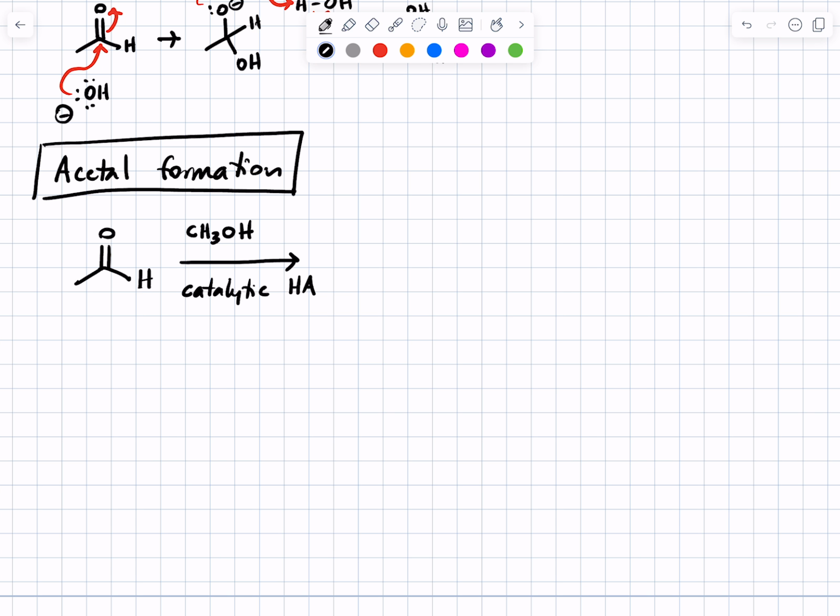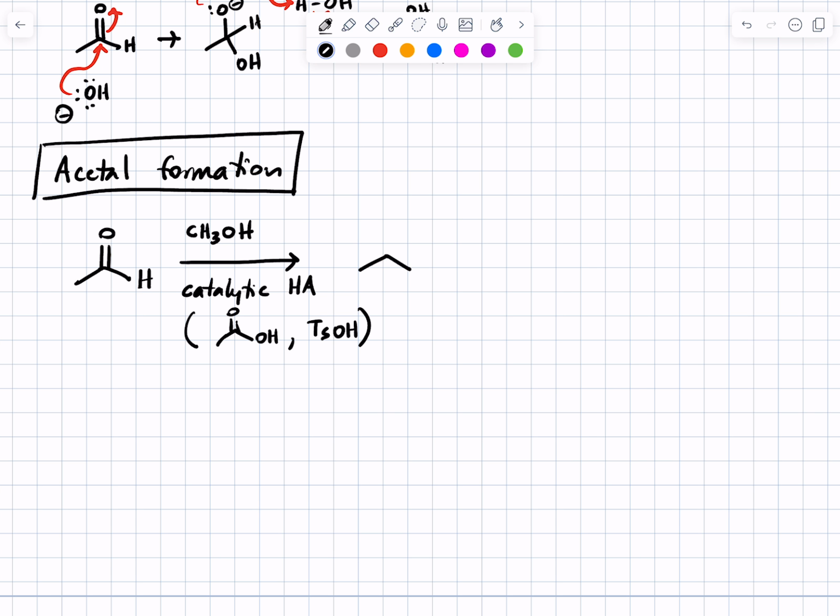And again, potential candidates for this catalytic acid include organic soluble acids like acetic acid, or even the much stronger toluene sulfonic acid, or TsOH.